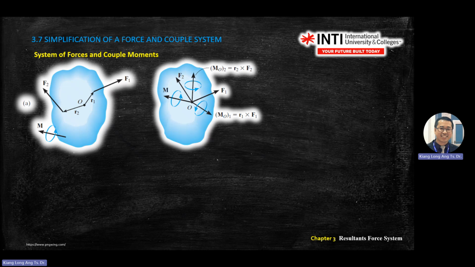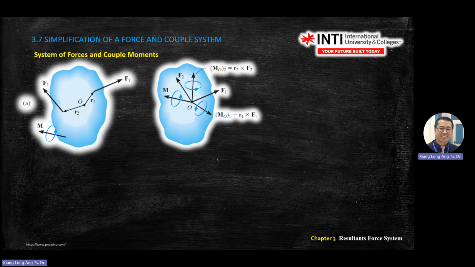Sorry, R cross F, R cross F. Yeah, so this one will create a clockwise direction because you're using R cross F. So you extend the F1 here, R cross F, you'll get MO1 by calculation of R cross F. So you only look at F1. You are creating two effects. You shift F1 to this location, O location, you'll get F1 and M1.